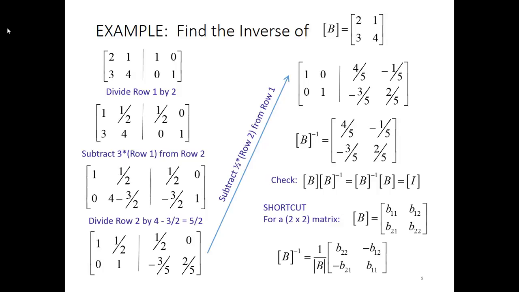So in other words, it is 1 over the determinant, and then we swap the diagonal terms, and then we put a negative sign in front of the off-diagonal terms. And that gives us the inverse of a 2x2 matrix.